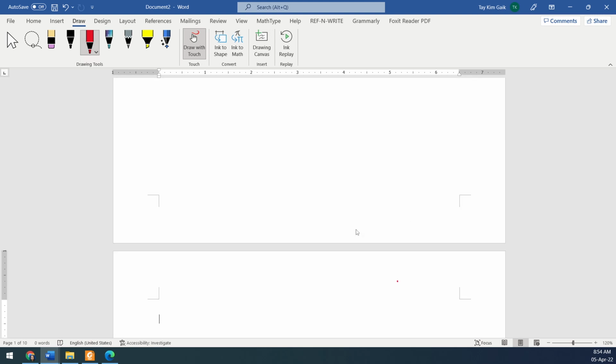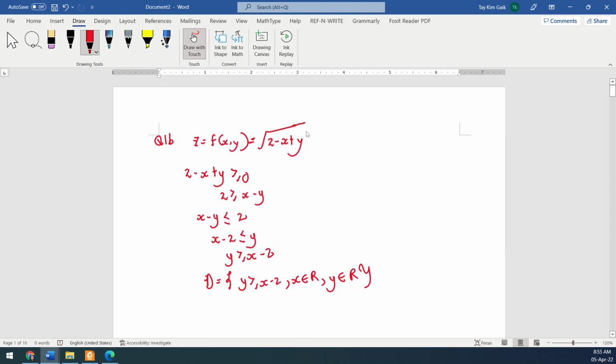Is it okay? For a square root function, always set whatever is inside the square root greater than or equal to 0. You may want to stop here, but we prefer y as the subject, so we stop at this one. But if you give me any of these forms, also can, no problem. So you obtain the domain.